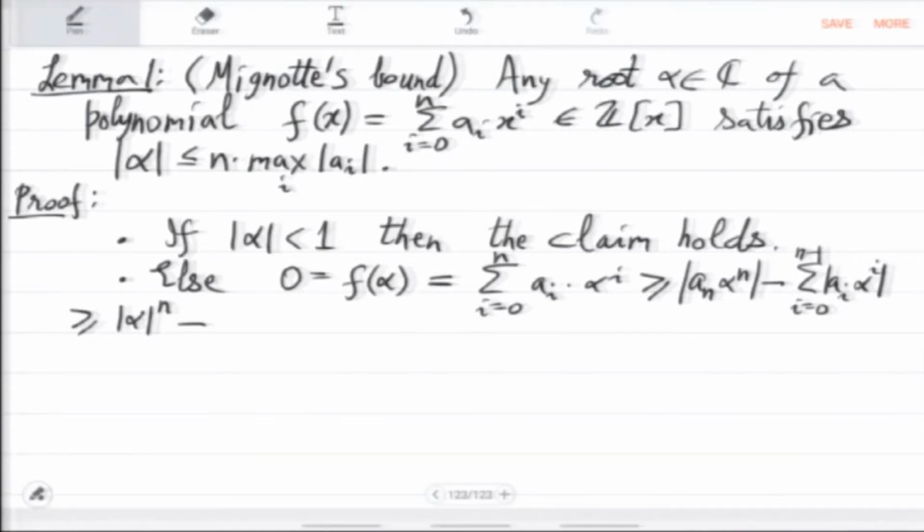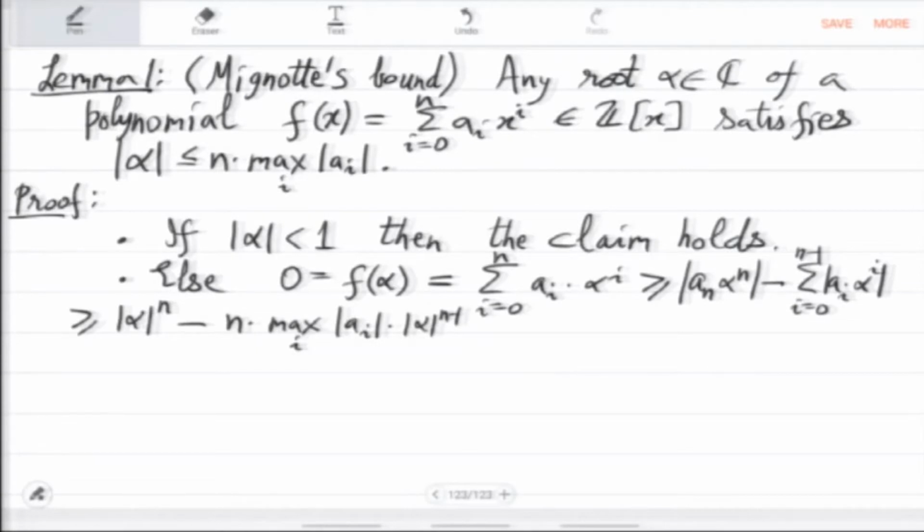So alpha to the n minus sum a_i alpha^i is at most, actually we can remove the sum and use the max instead. This is at most n times max magnitude over all the i's times alpha to the n minus 1, right.